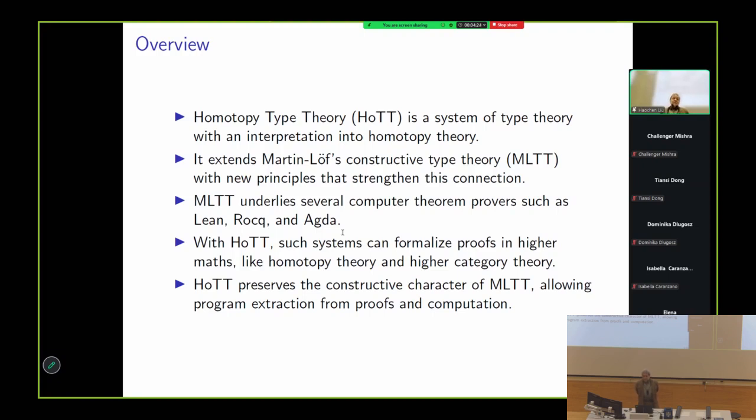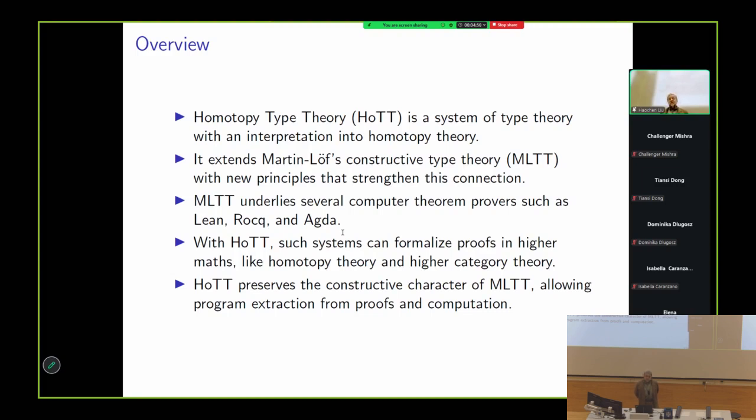But there is a hitch or a question, and that's going to be kind of the leitmotif, if you will, of the talk. Martin-Löf type theory was originally developed as a constructive system of foundations, and it has a constructive character, which allows program extraction, some amount of automated reasoning, and inference of values, computation from proofs.